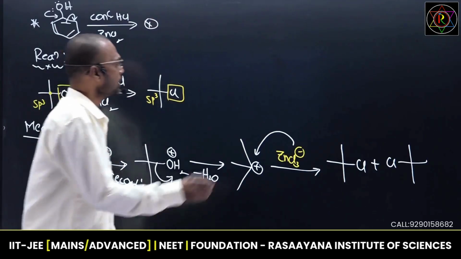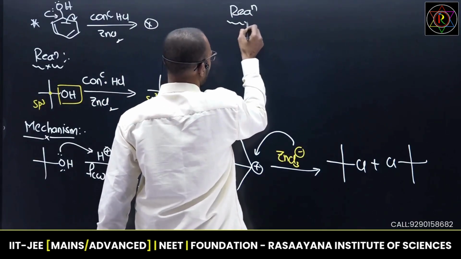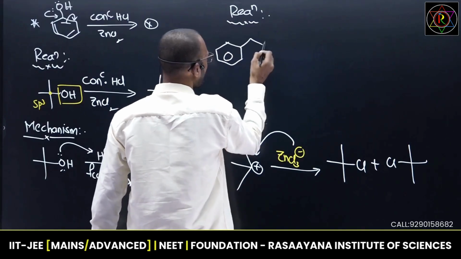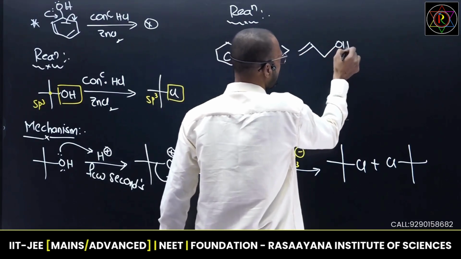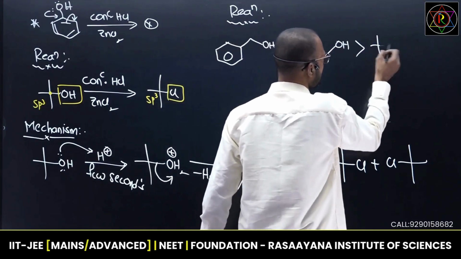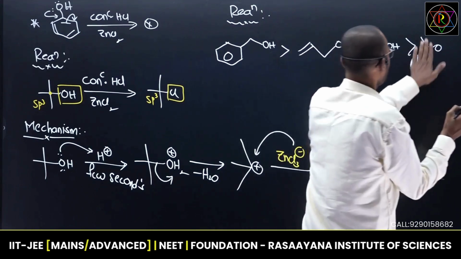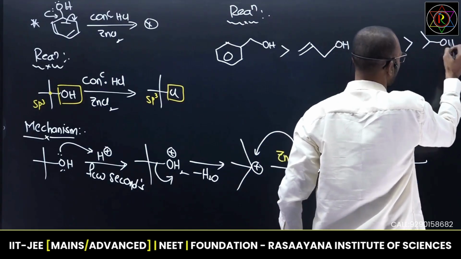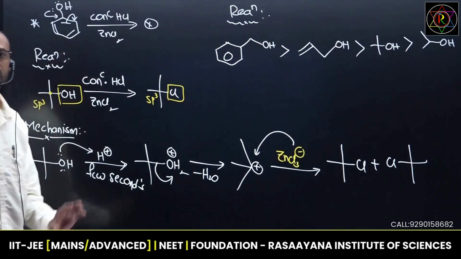Finally, this is important for examination. Benzyl alcohol can give the Lucas test, then followed by allyl alcohol, then tertiary alcohol, then secondary alcohol, finally primary alcohol. So most probably you can take up to secondary alcohol only. Only these selective molecules, in the following order, can give the Lucas test.